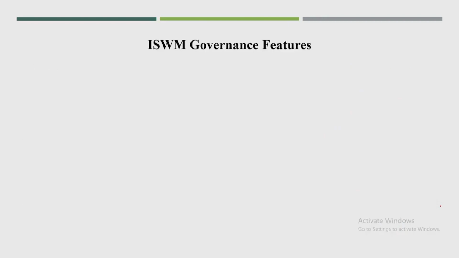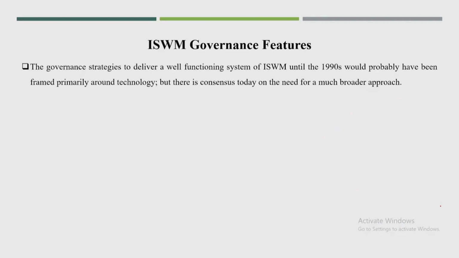Now, the governance features. There are three governance features. The governance strategy to deliver a well functional system of ISWM until the 1990s would probably have been framed primarily around technology, but governance and government participation are also very important.